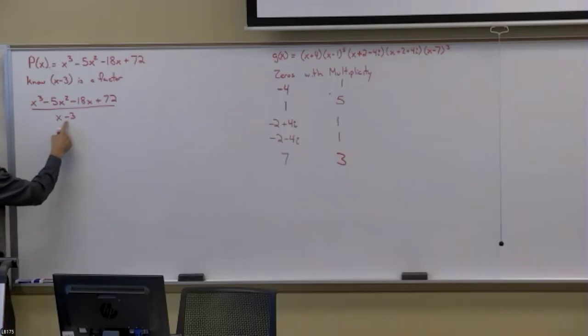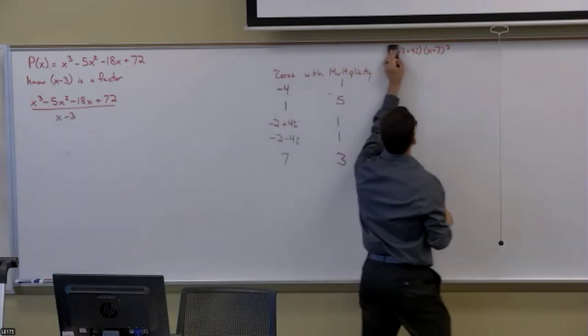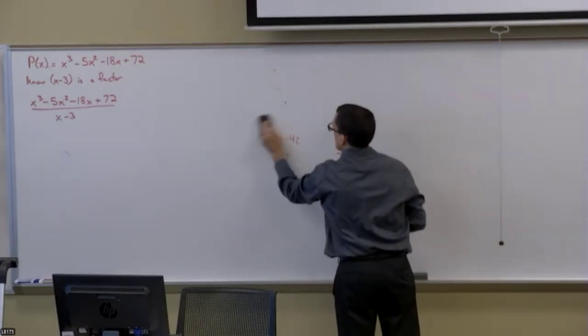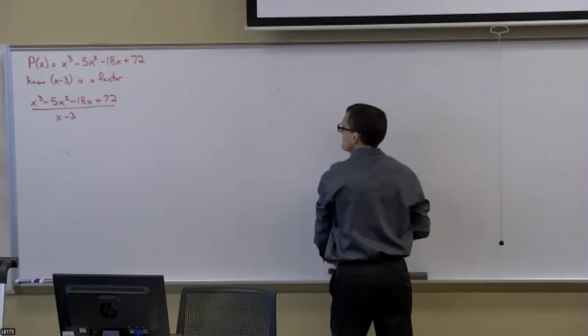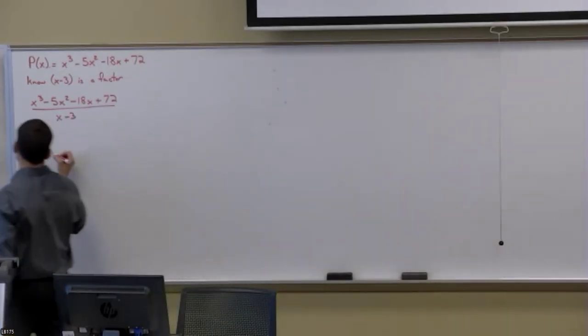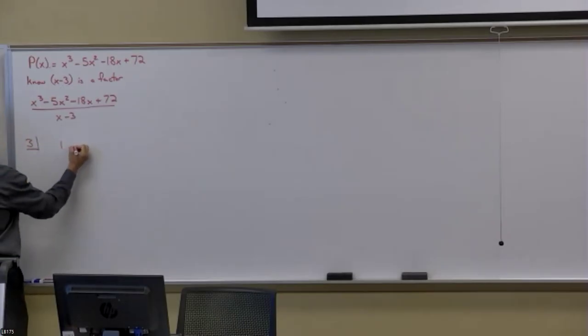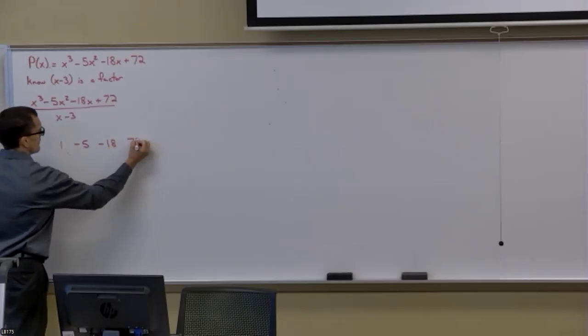And since x minus 3 is a linear piece, looks like x minus r, I can divide using synthetic division. So I take 3, 1, negative 5, negative 18, 72.